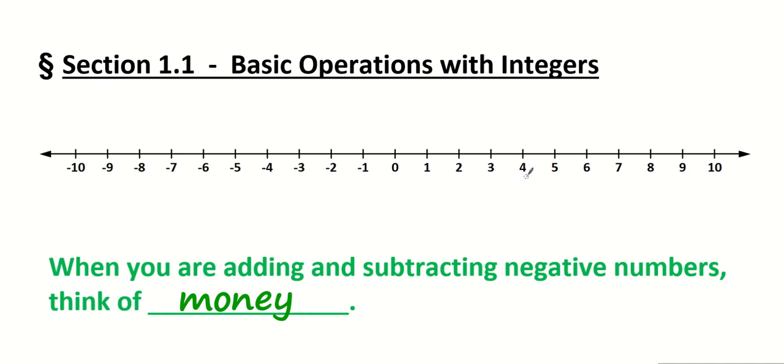If you are doing 4 plus 2, you're moving to the right 1, 2 to land at 6. So just some really quick thoughts and tips on adding and subtracting with negative numbers.